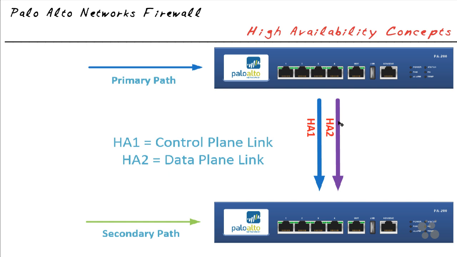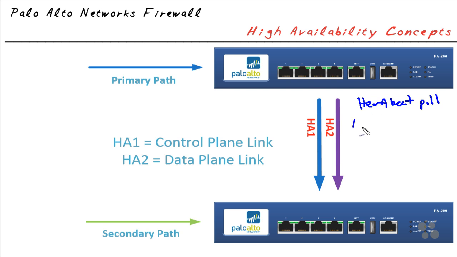Now, HA has three methods that we can use for problem detection. I can do a heartbeat polling, and that's actually bidirectional in nature.